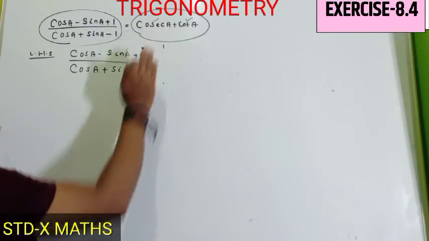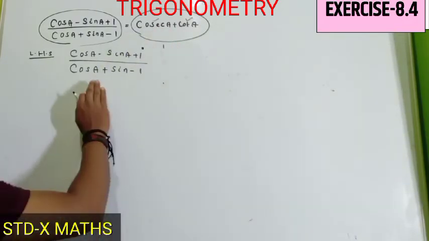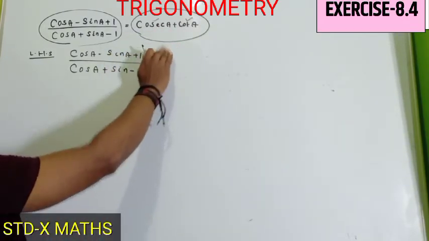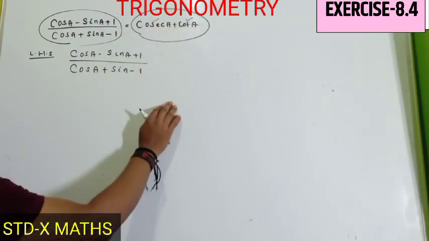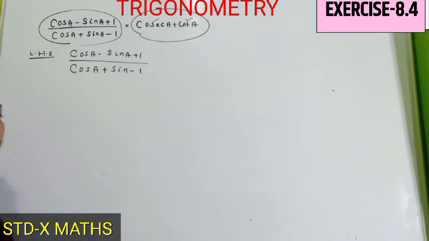By seeing the right side, cosec and cot, how can the left side be adjusted? Cosec has the denominator sine, and cot is also having the denominator sine.